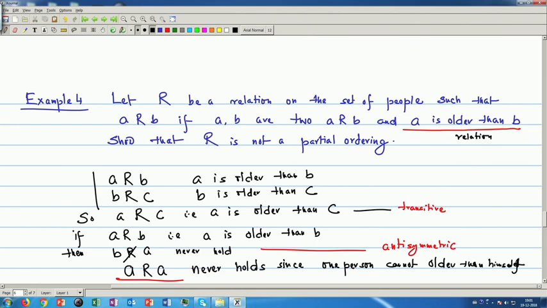So, it is not reflexive. So, the relation is not reflexive, and the conclusion is that R is not a partial ordering.